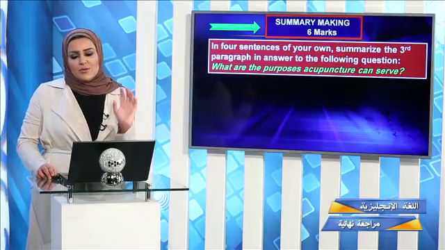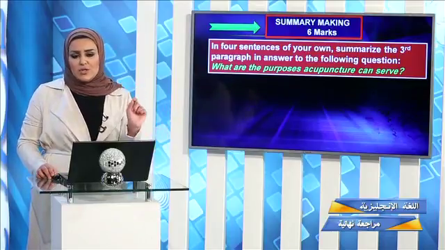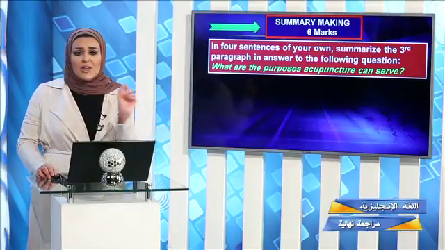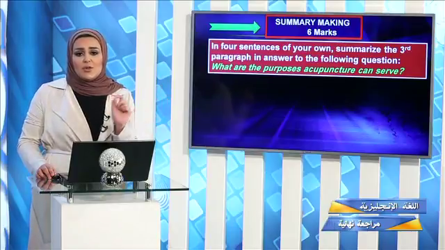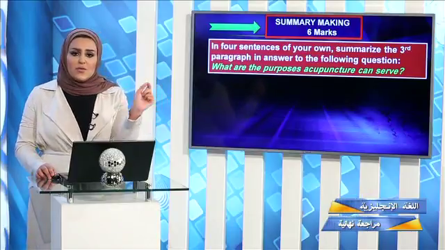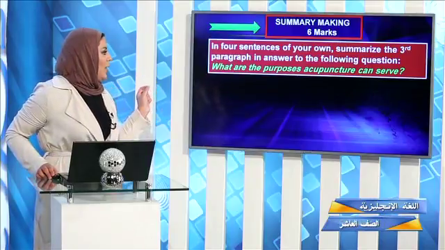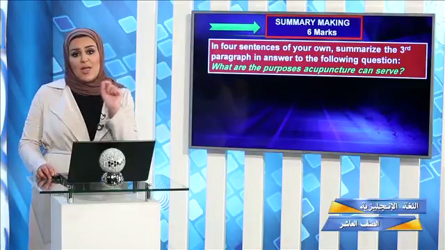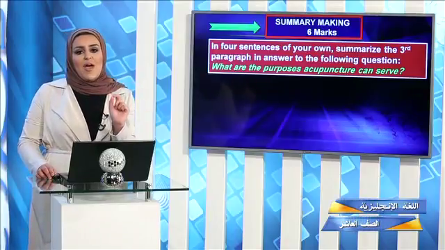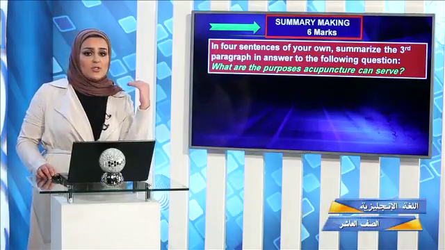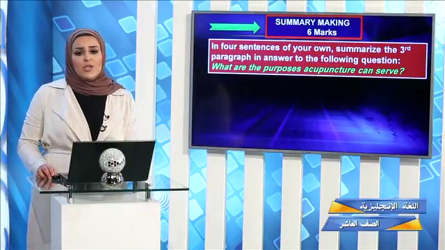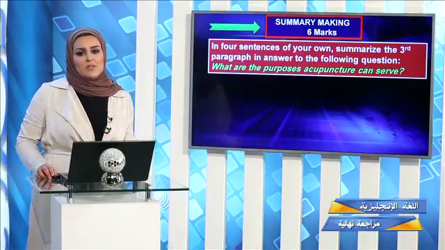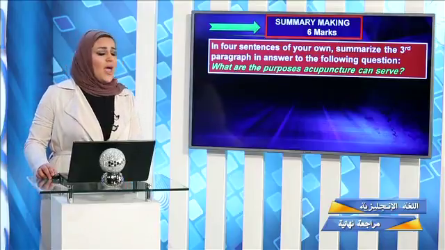You can here do something. You can use your pencil or your pen and underline the ideas or the answer, like this is the first purpose, this is the 2nd one, this is the 3rd one, and this is the 4th one. Now that you have the purposes or the advantages clear in front of you, you can easily go and summarize them. How can you do that?